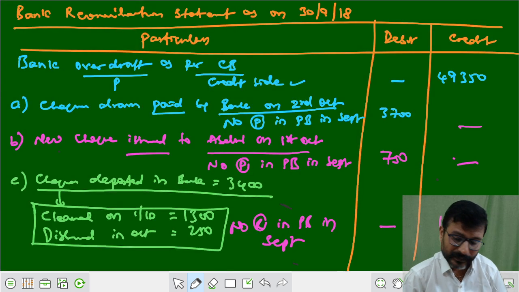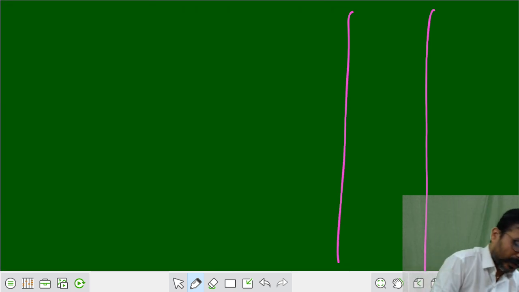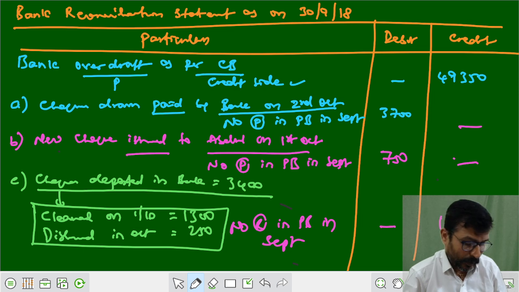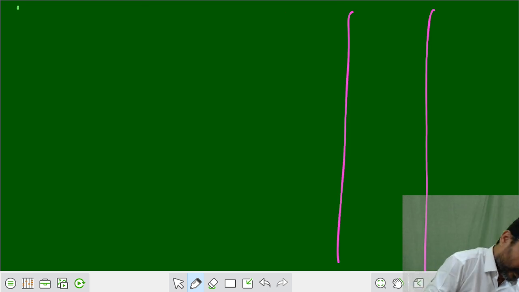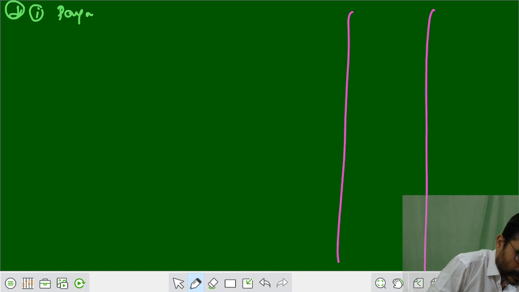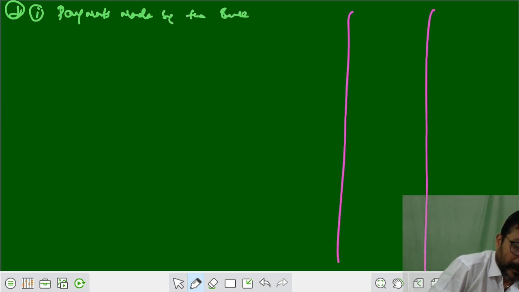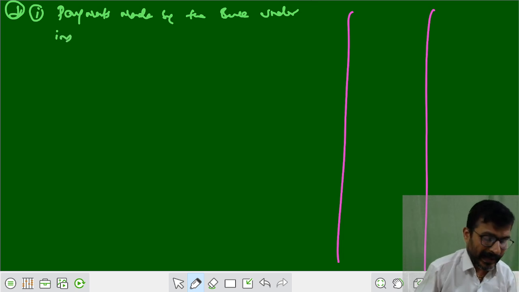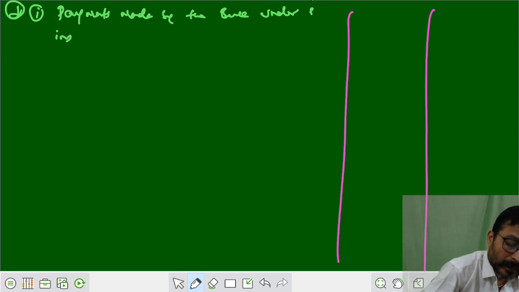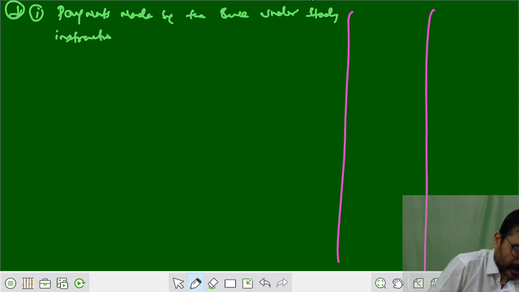That is, still a point continues. Let me write the point number D, sub point 1. Payments made by the bank under standing instructions.